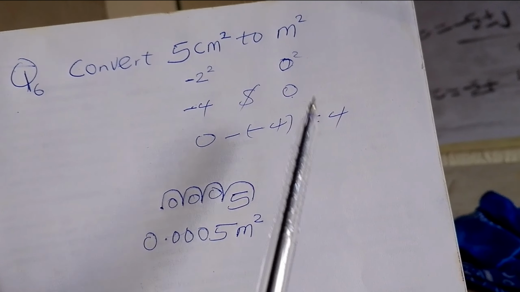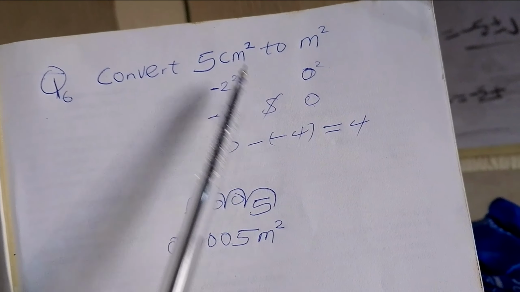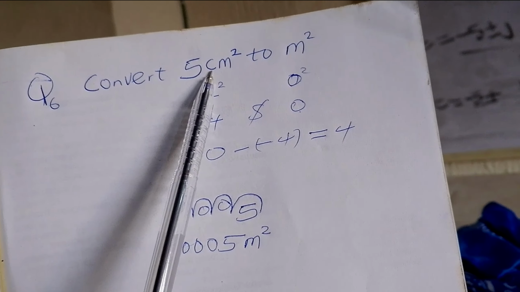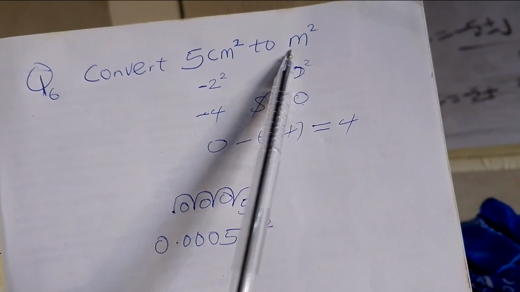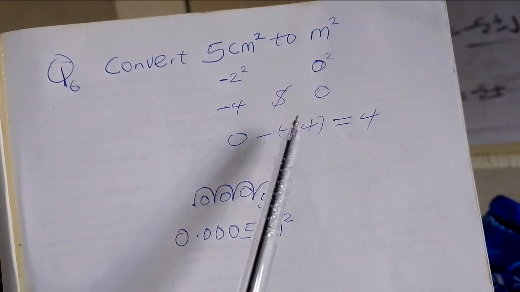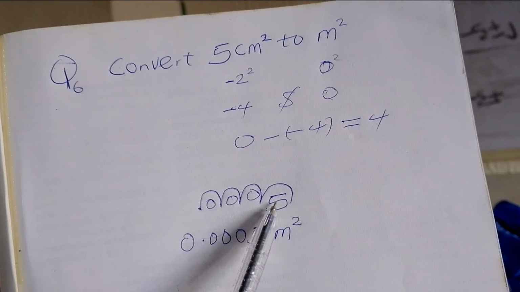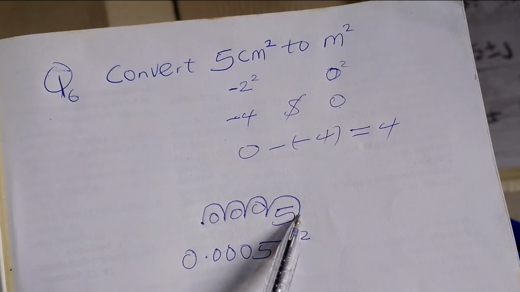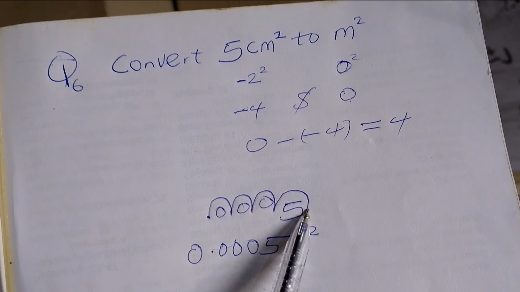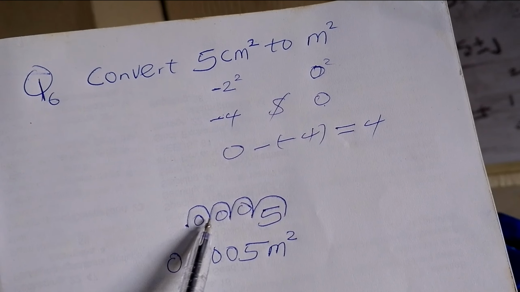Now we are shifting 4 times toward the left, because we are converting from a less unit, which is centi, to meter. This is less compared to this. That's why we have to shift 4 times. So we bring down our 5 and now shift the decimal point here 4 times toward the left. 1, 2, 3, 4.